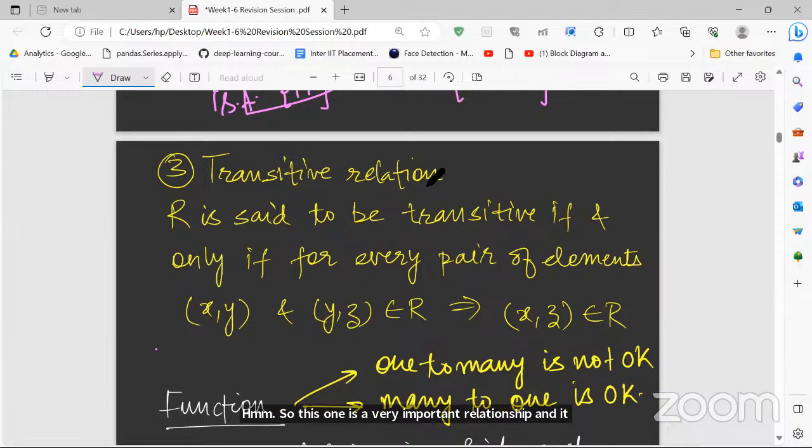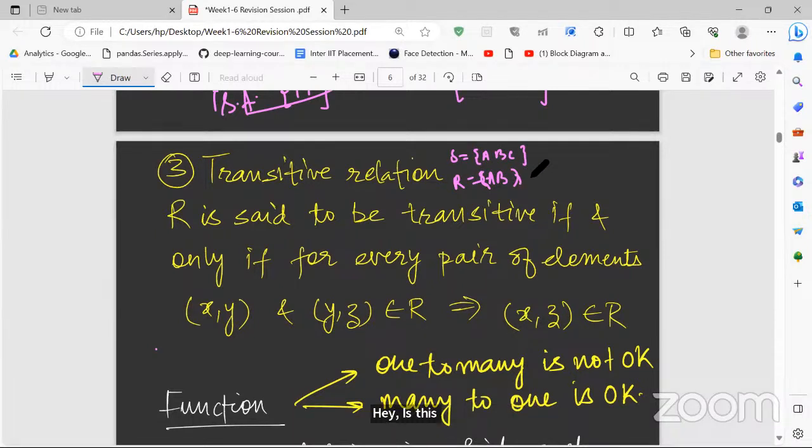I just want to say that if none of the conditions in the definition apply, then also the relation becomes transitive. So our set S is {A, B, C}, the set from where we are making a relation. If you have R equal to {(A, B)} only, is this a transitive relation?